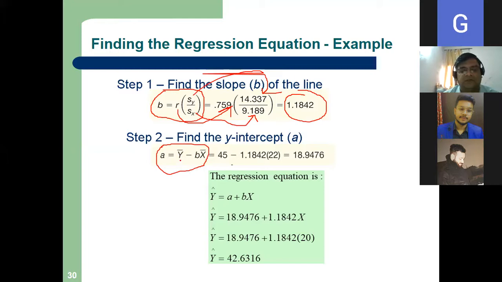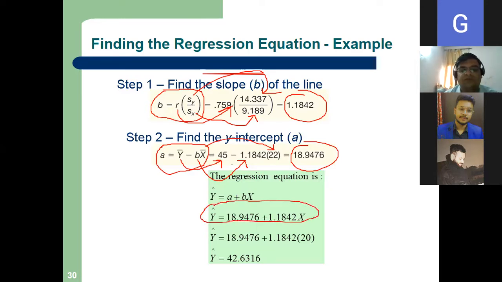Y bar, if you remember, is 45 from the same data. B we just calculated as 1.18, and x bar is 22. So A is 18.9. I got my A and my B, so what is my regression equation?